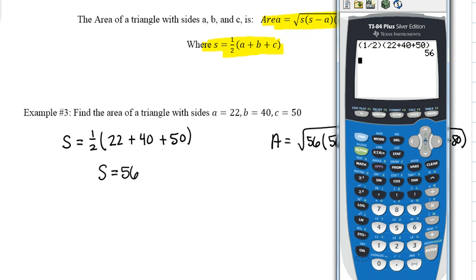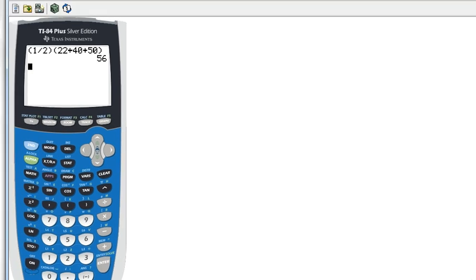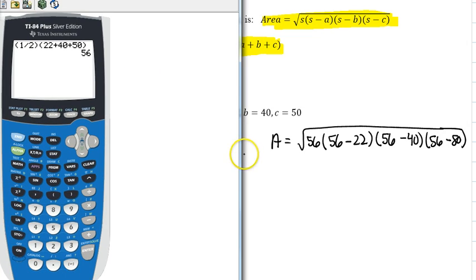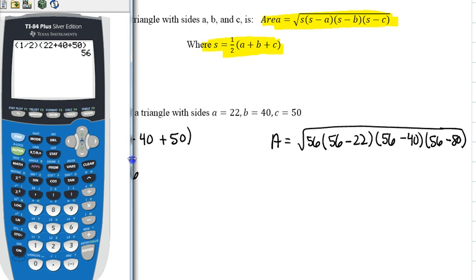Okay, so I need s to plug in, and then the beauty of this problem is I can just type this right in my calculator. So I'm going to go second square root. I'm going to type it in just like I have it. 56 parentheses 56 minus 22. Then 56 minus 40. Make sure you close, open and close all of your parentheses.